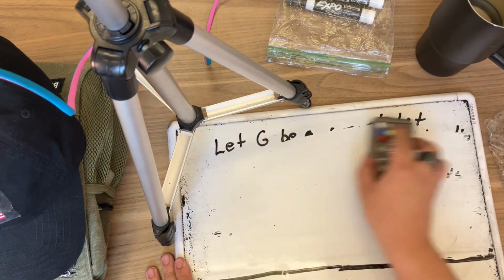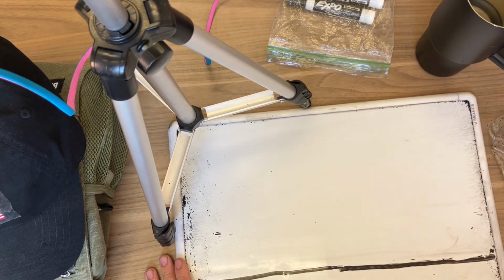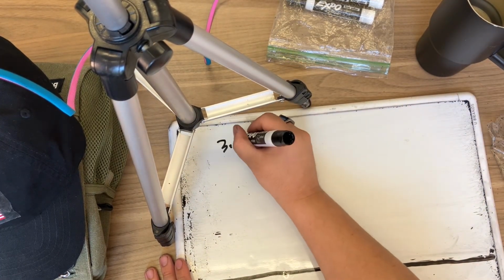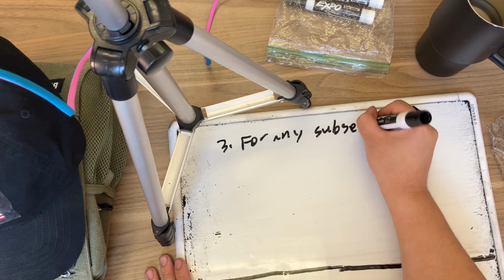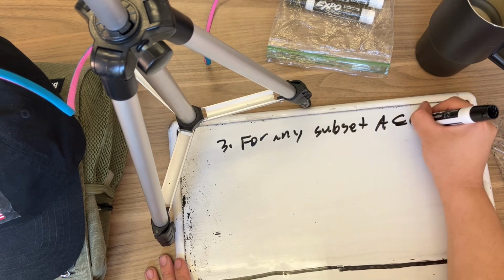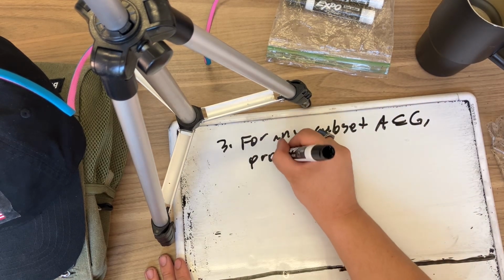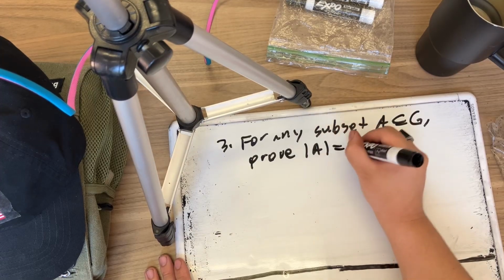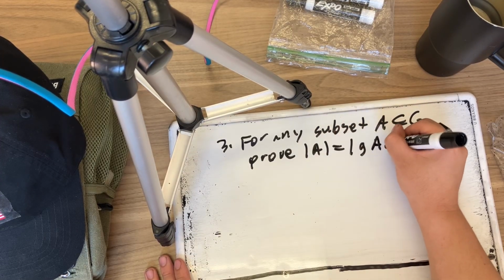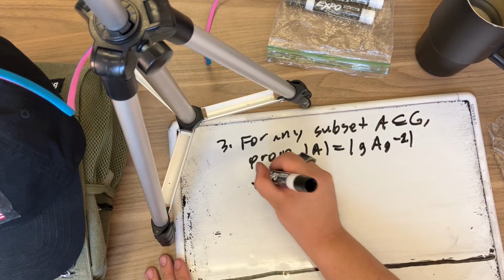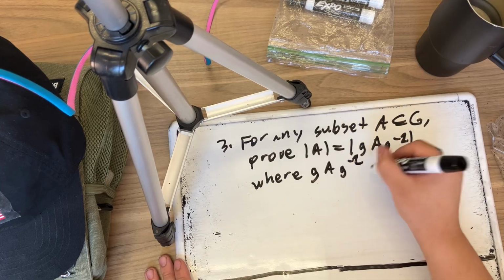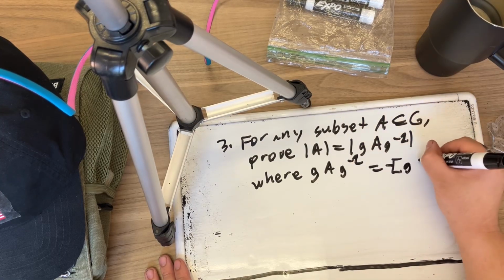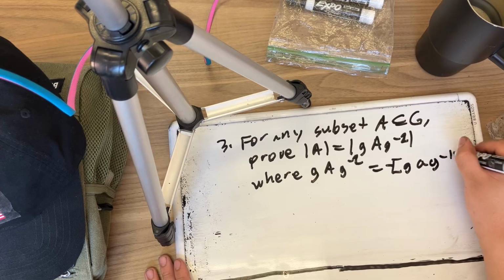So part 3 is to prove that for any subset A of G, the order of A is equal to the order of gAg^-1, where gAg^-1 is equal to the set containing g a g^-1 such that little a is contained within A. Okay?